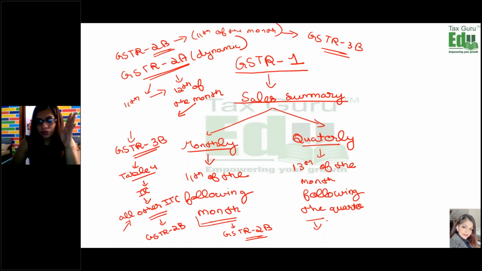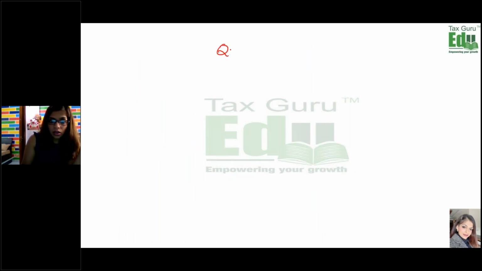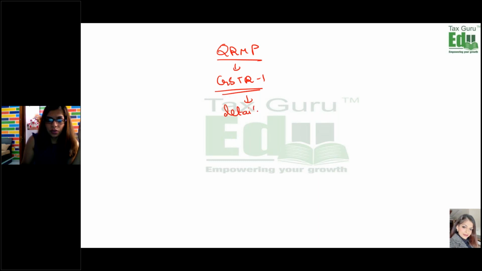So by 13th of July, you are required to file your GSTR 1. This GSTR 1 will contain the details of the entire quarter. So in QRMP, GSTR 1 filed contains details of the entire quarter.